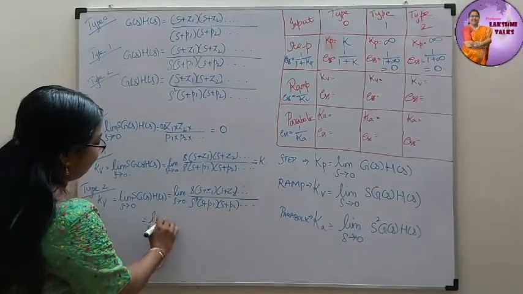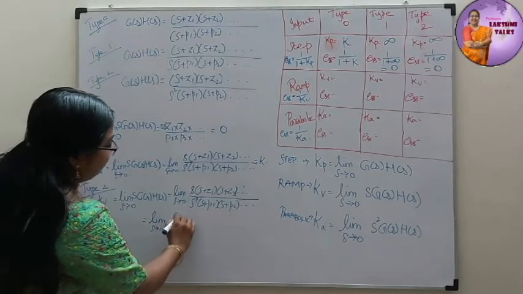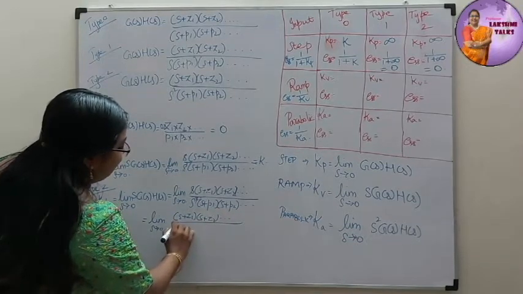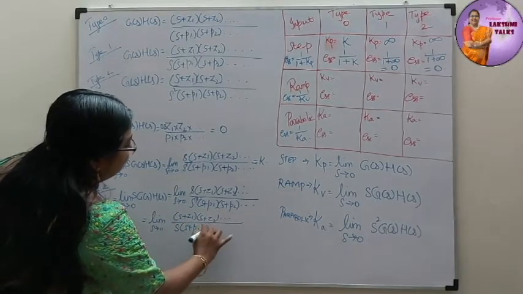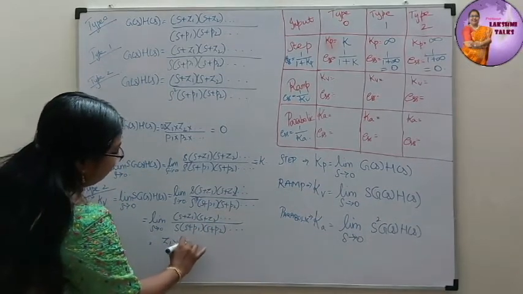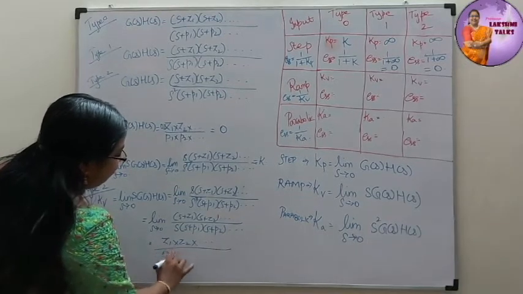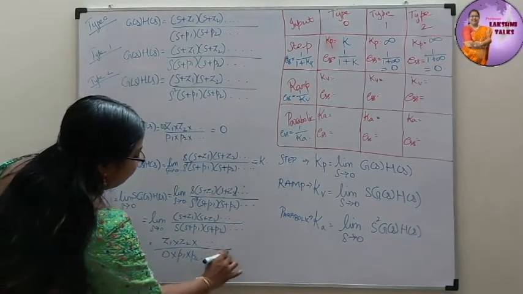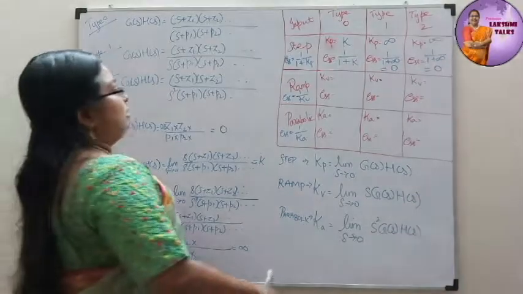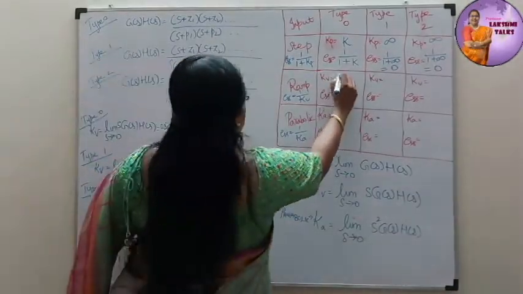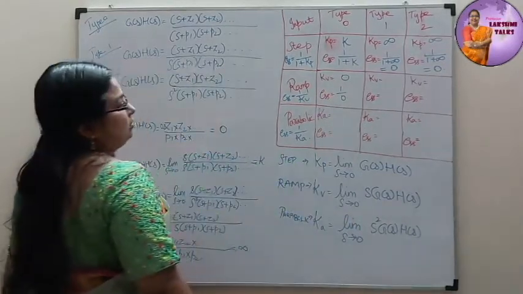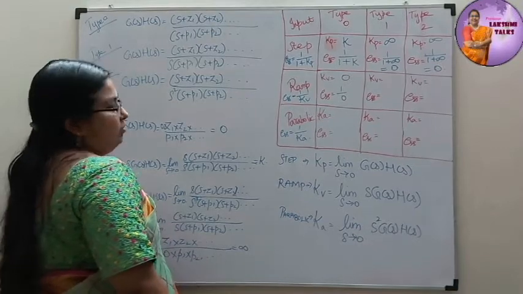So you will have limit s tends to 0, (s plus z1), (s plus z2) and so on divided by s into (s plus p1) into (s plus p2) and so on. So when you apply limits, you will have z1 into z2 into so on divided by 0 into p1 into p2 so on. So this will be infinity. For a type 0 system, Kv is 0. So 1 by 0, 1 by 0 is what? Infinity.